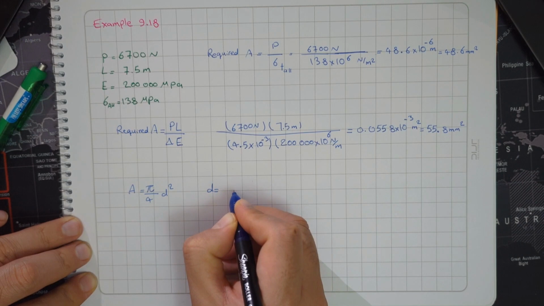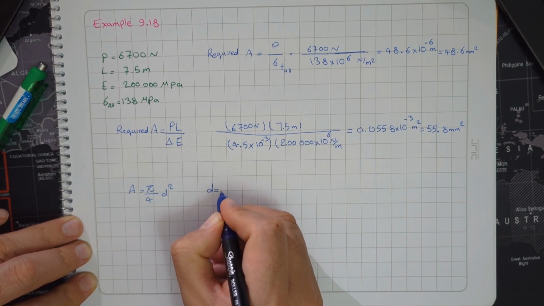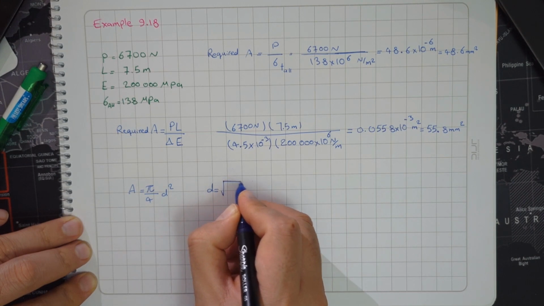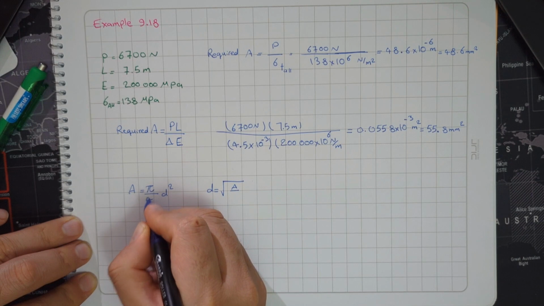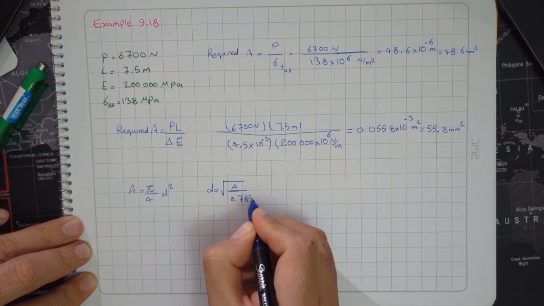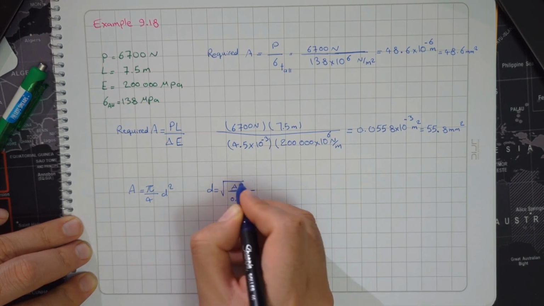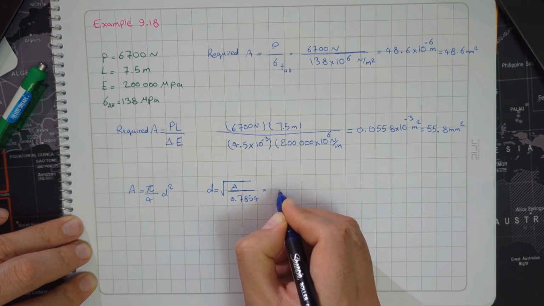Say D equals square root of A over pi, which is 0.7854. So how much was our A?